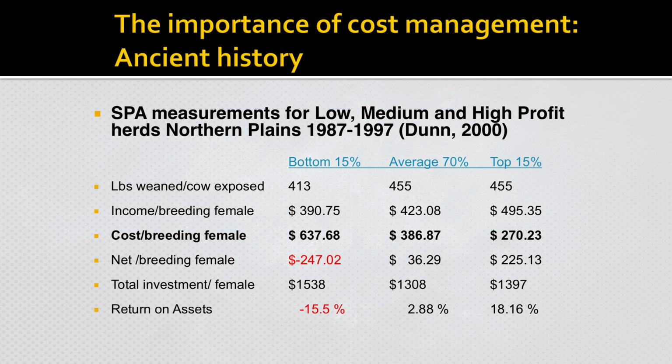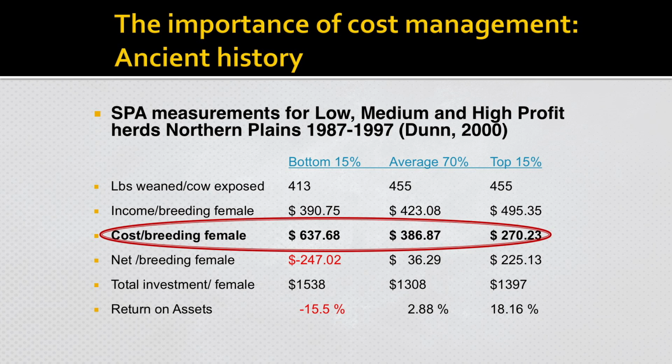It's a 10-year running of the cattle cycle, and these are averages. So I'm going to start on this top line here, and all three of these assessments are going to be laid out the same way: the bottom 15% of cow-calf producers, the average, and the top 15%.